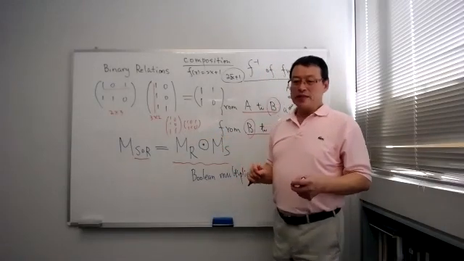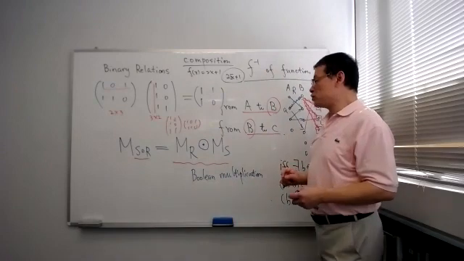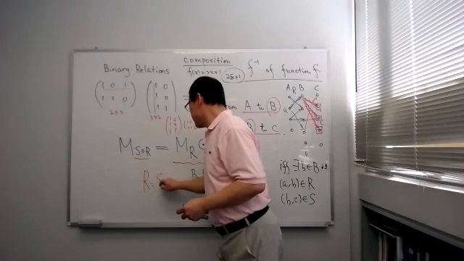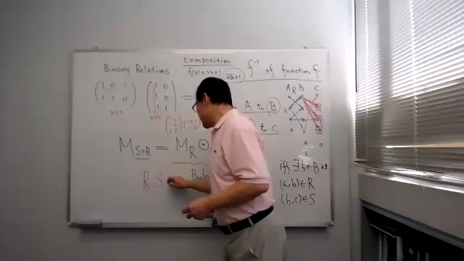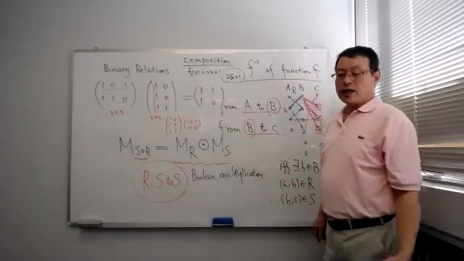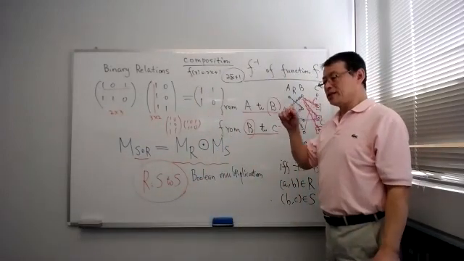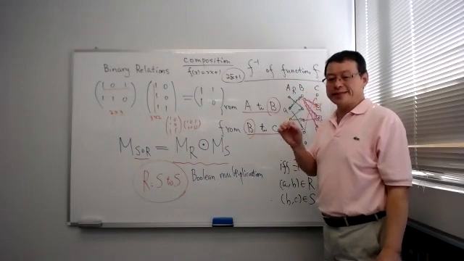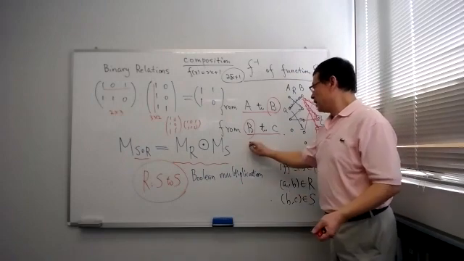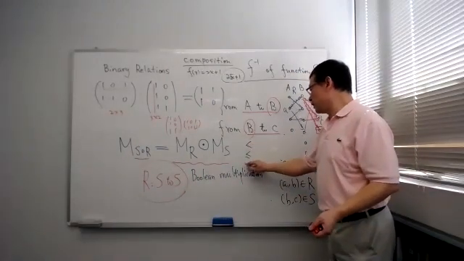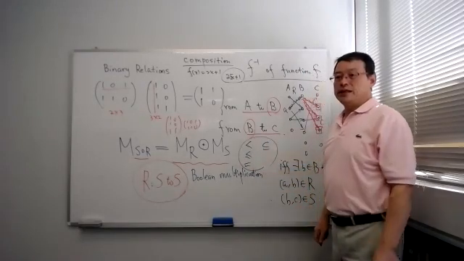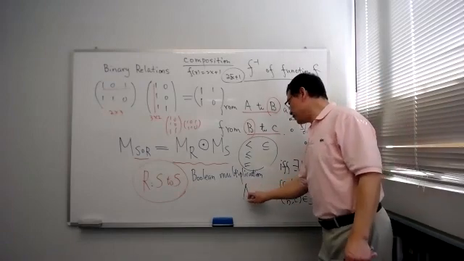But the problem is, very often when we discuss relations, we discuss a relation from a set to itself, from S to S. Look at these common relations: less than or equal, equality, and so on. In all these relations, the sets A and B are the same.